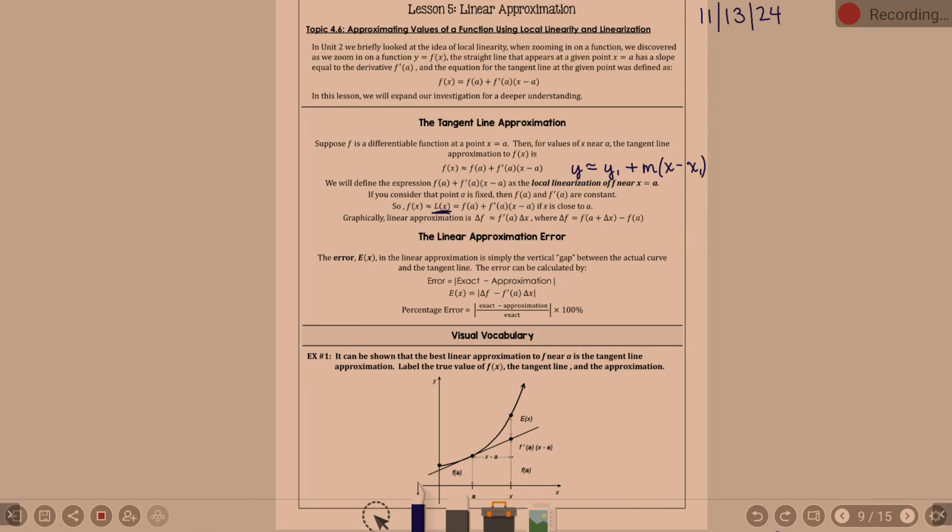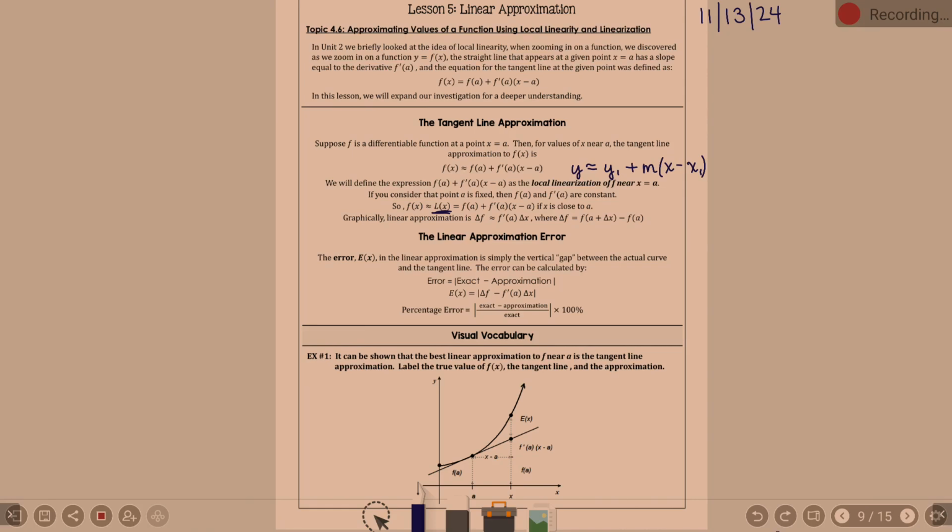Error can be calculated as the exact minus the approximation, which you see as delta f minus f'(a) times delta x. They also talk about percentage error, which we don't do a lot with, but it's the exact minus the approximation, divided by the exact, multiplied by 100 to make it a percent. So those are the pieces we're going to look at.